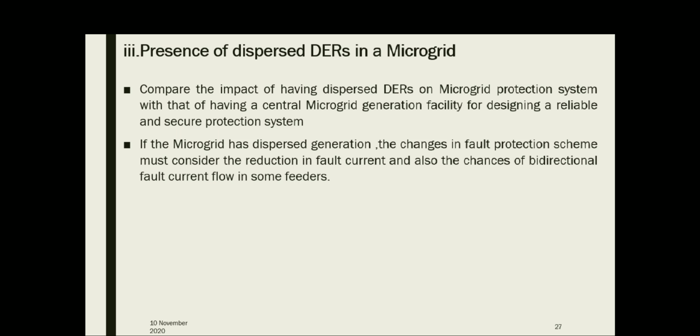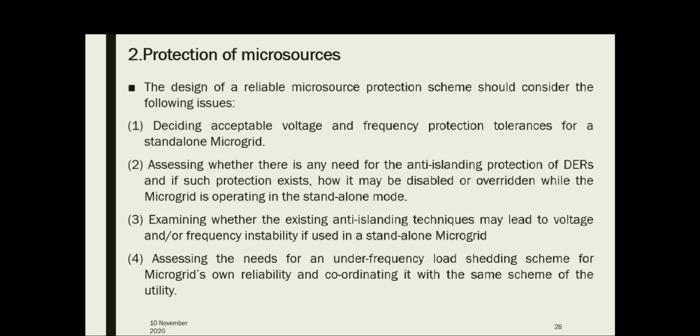Dispersed means distributed energy resources in a microgrid. So these must be taken into account while designing a reliable and secure protection system. That is, if you have a lot of dispersed generation in your microgrid, this should be taken into account while designing the protective system.